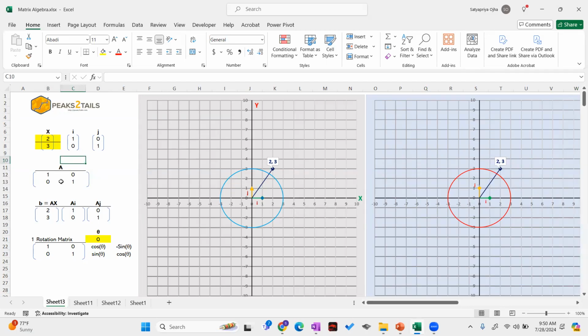Now, I'll try to play with A. What happens when I make this 2? This leads to stretching along the x direction because I only changed this particular value, not the other one.